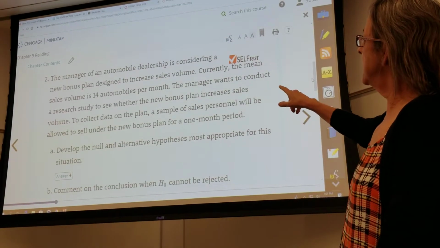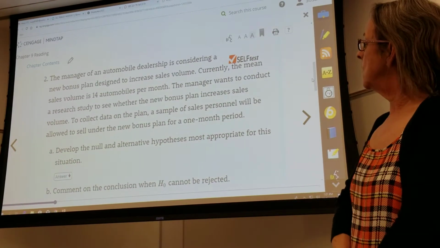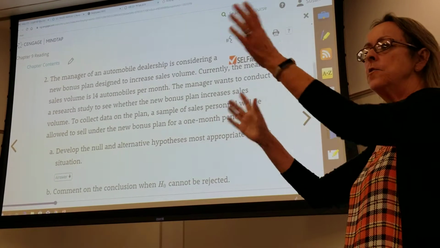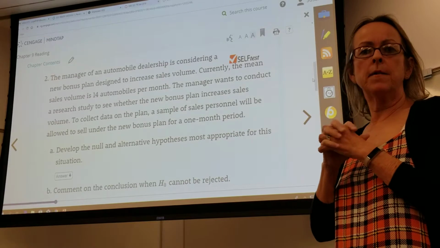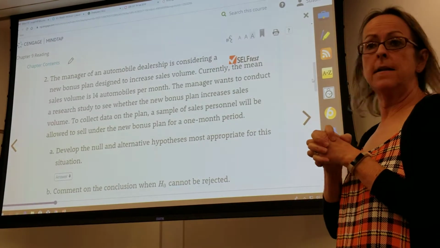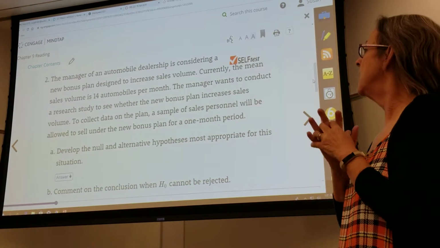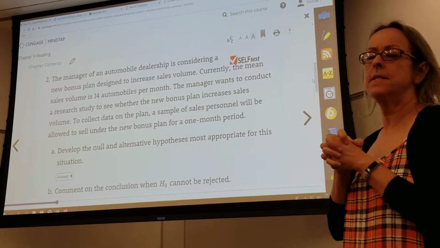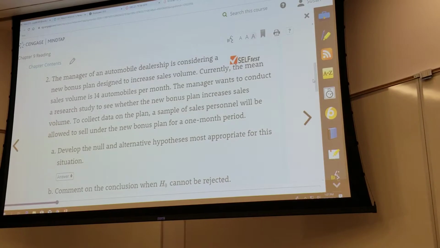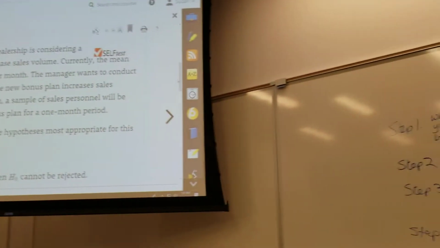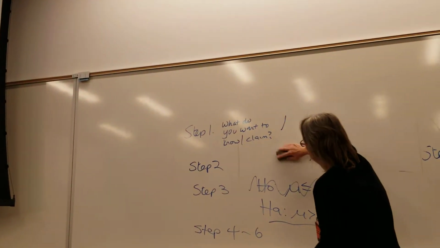To collect data, a sample of sales personnel will be allowed to sell under the new plan for a 1-month period. Got it? A says, develop the null and alternative hypotheses most appropriate for this situation. So try your steps 1, 2, and 3.